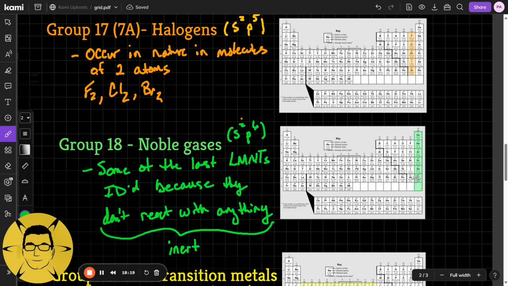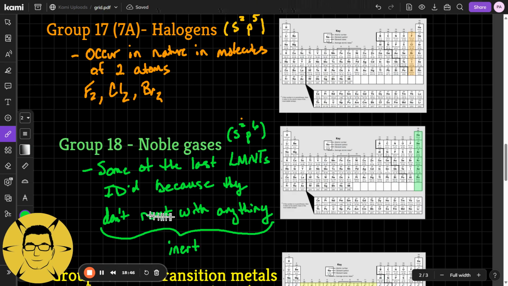Because we just couldn't find them because they don't react with anything. We had to isolate them from air and from other gaseous collections and then run them in a centrifuge and separate them by, find all the things that didn't react, all the gases that didn't react, okay, and then separate them by their atomic mass was the only way that we could find them.